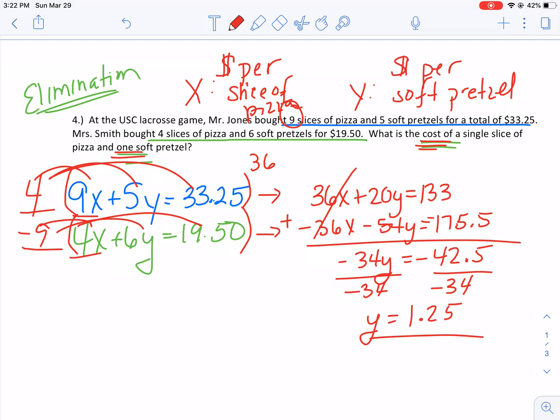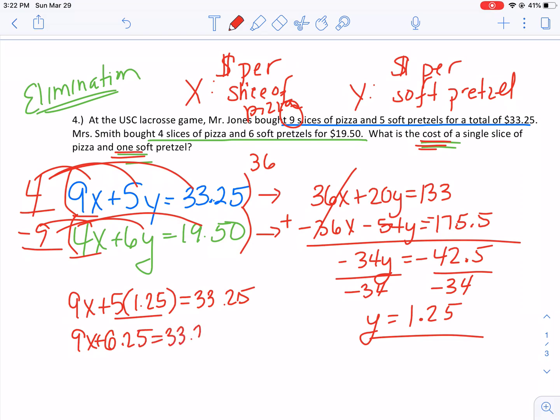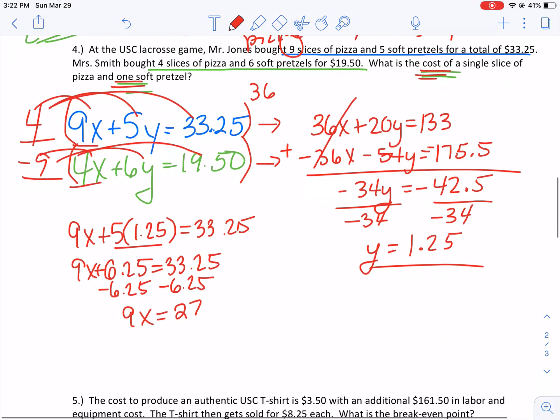All right, so I'm going to substitute into the first equation. 9x plus 5 times 1.25 equals 33.25. Start simplifying, multiplying anything I can. Subtract 6.25 from both sides. 9x equals 27.